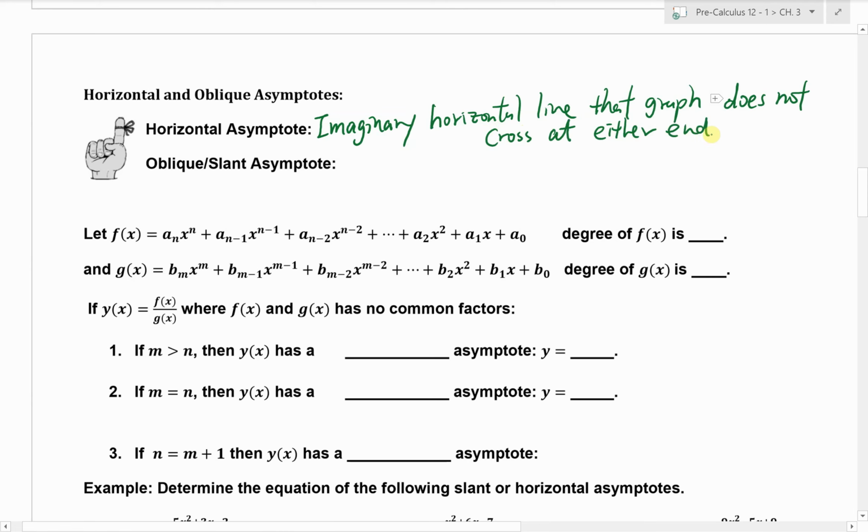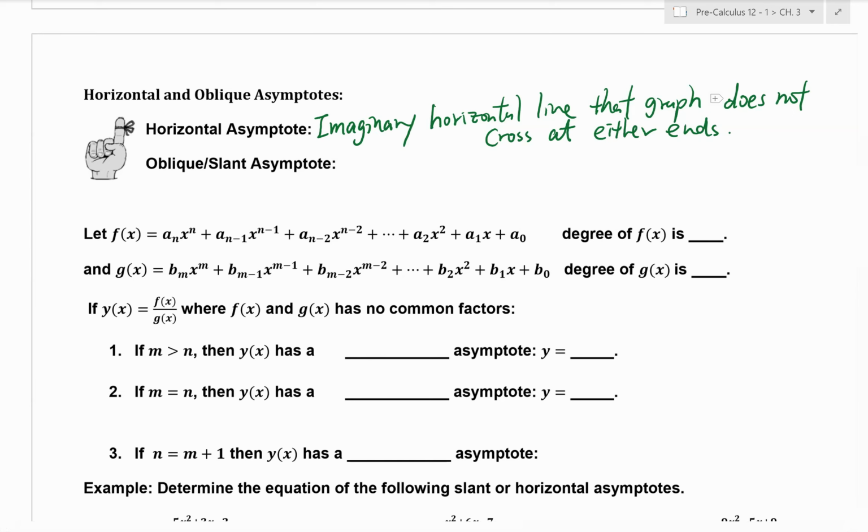What I mean by that is on the very left, the graph will not go through the horizontal asymptote. On the right, as you continue to go to the right, the graph will not cross the horizontal asymptote. You'll get closer and closer to it. So again, going to the left or going to the right, the graph will get closer and closer to this horizontal asymptote, but it will not cross.